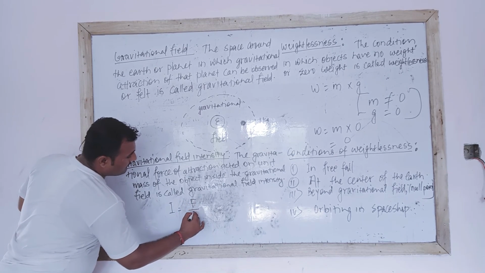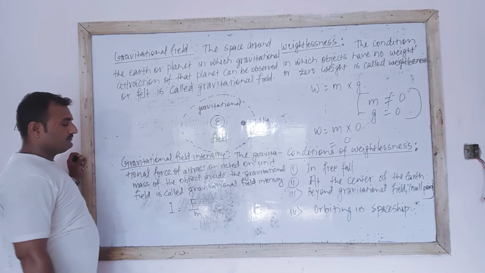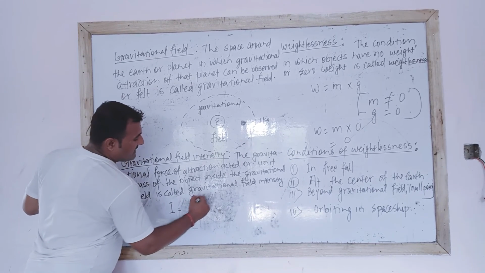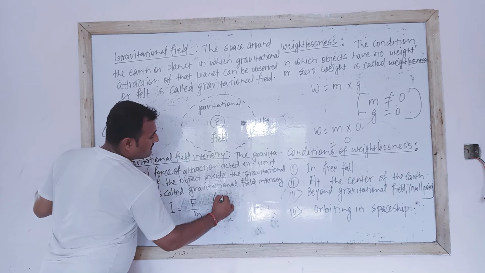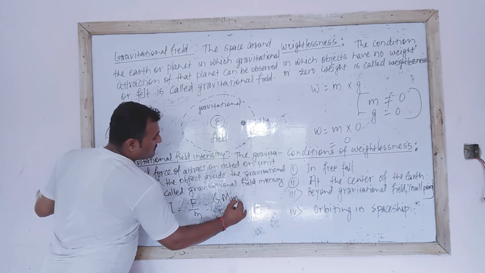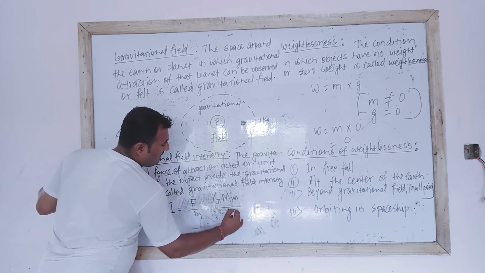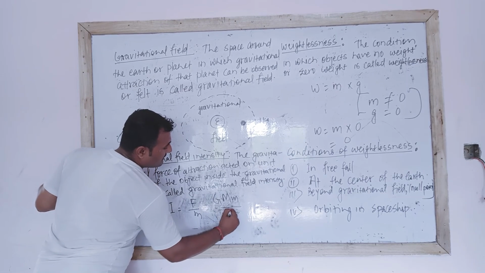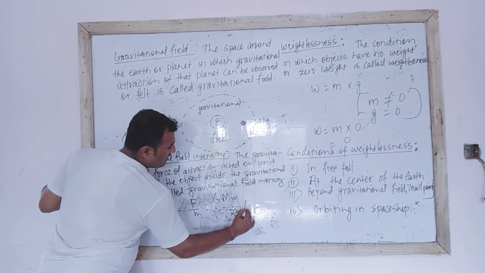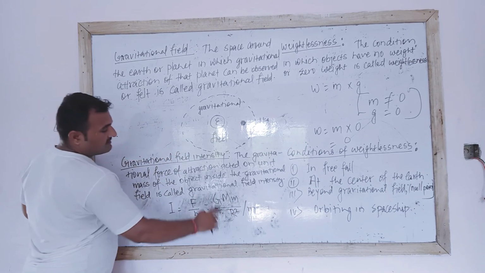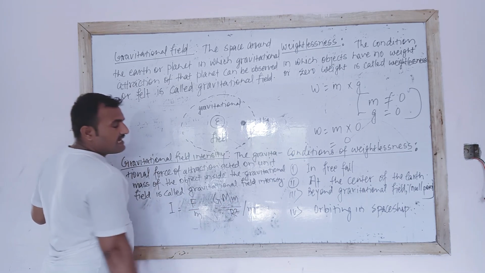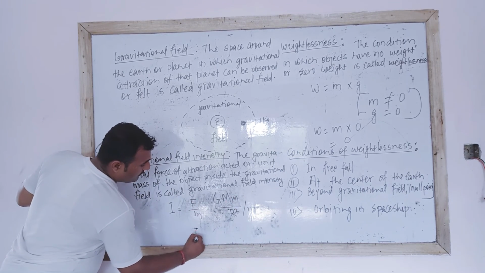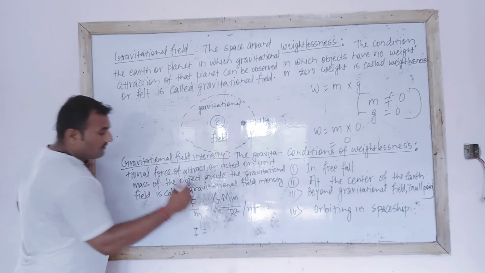F by m. And we can also write F as G times mass of planet times mass of object by R squared, where the mass of the object is m. That mass can be cancelled, or we can replace it by 1 kilogram.